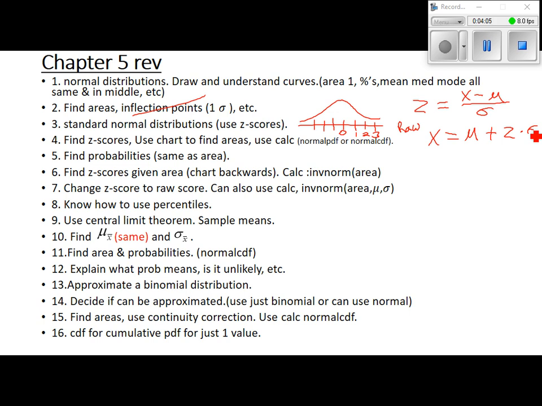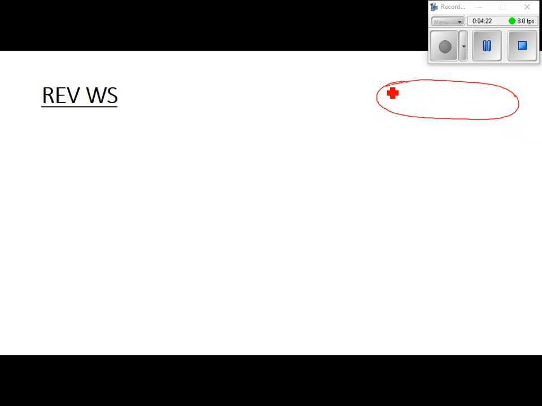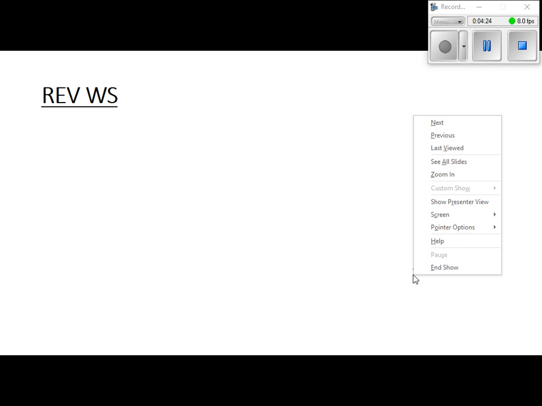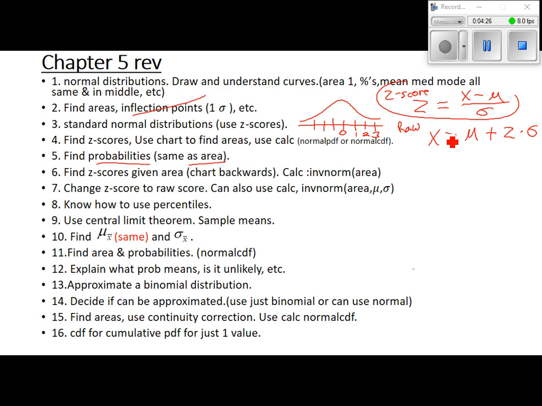Use that formula. Remember, probability and area are the same thing. If you're trying to get a z-score from the raw score, use that. And the other one, if we're trying to get a raw score from a z-score, we use that. And that's a sigma, not a 6.